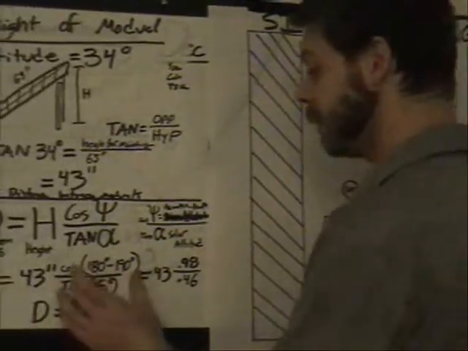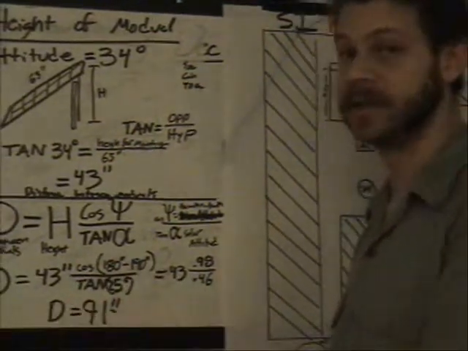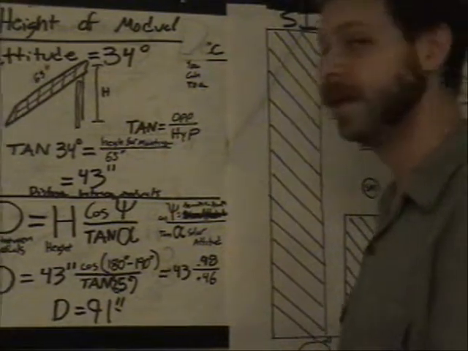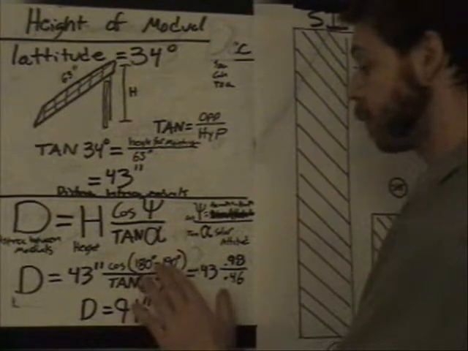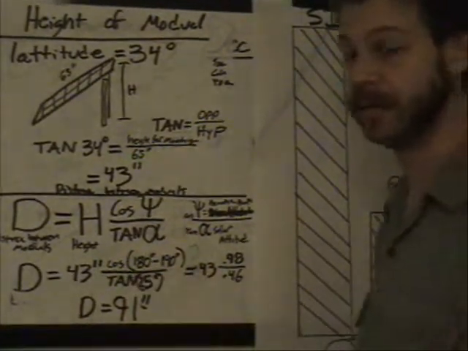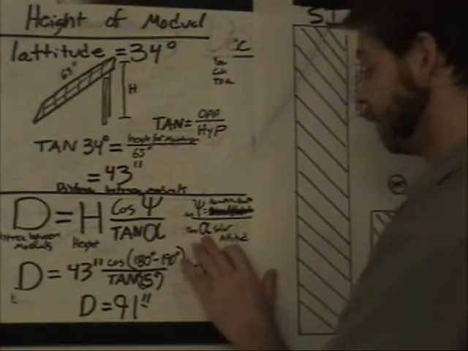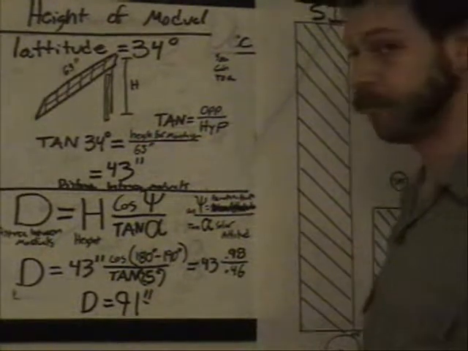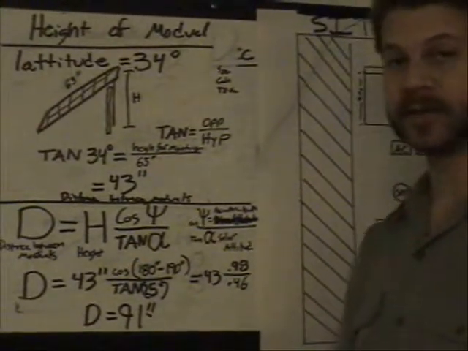In our case, 180 directly south, subtract 190, which is the angle that our array will actually be mounted. If you have a sloped roof, this angle will be the same as the azimuth angle of your roof. Okay, over the tangent of the solar altitude. And you want to use the minimum solar altitude. That's the same solar altitude we use to determine on our charts.